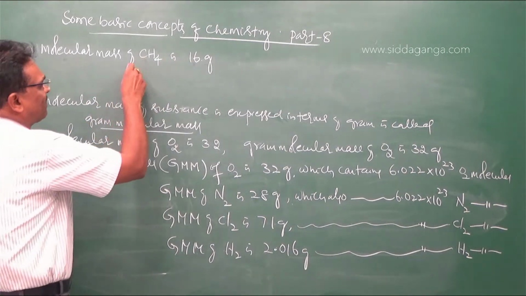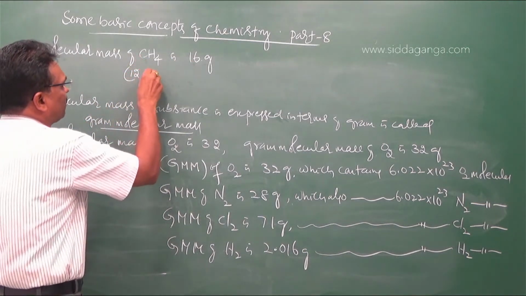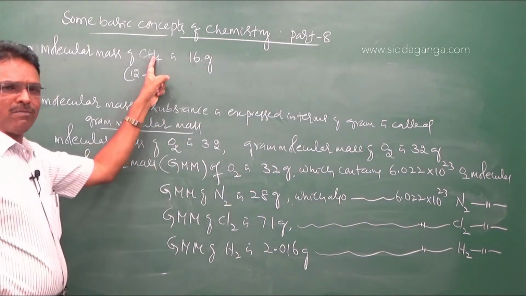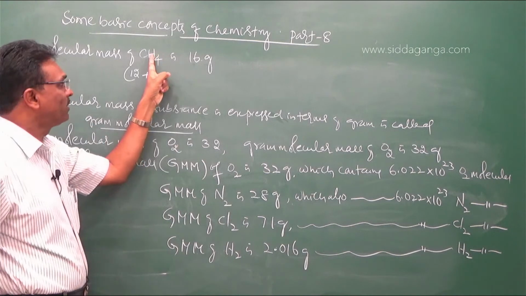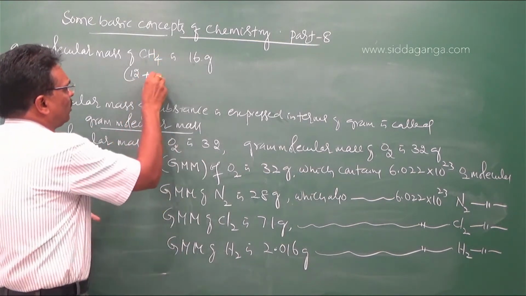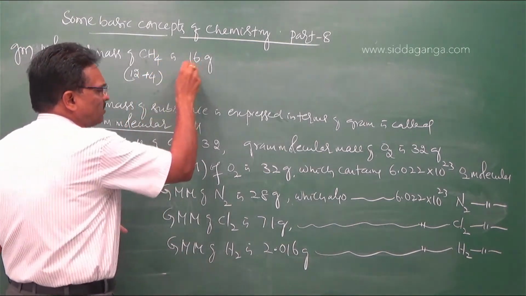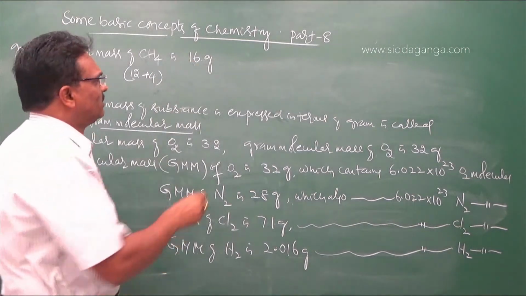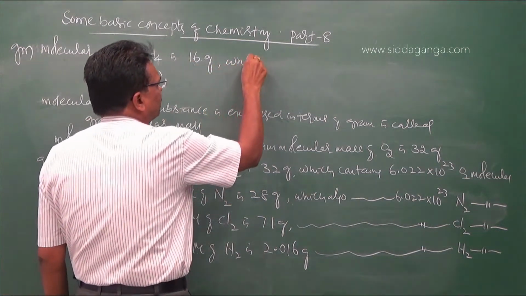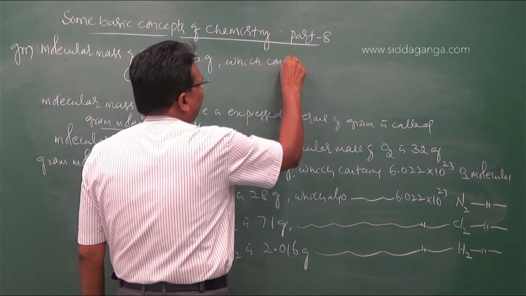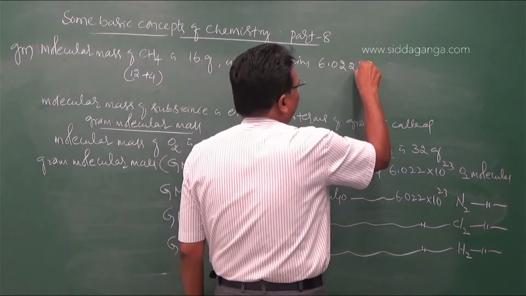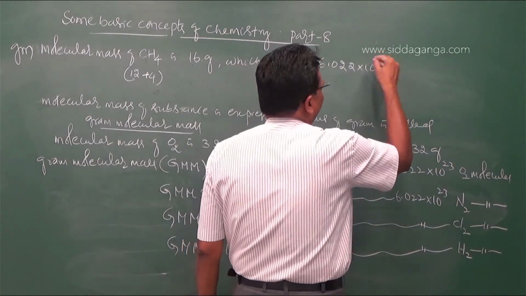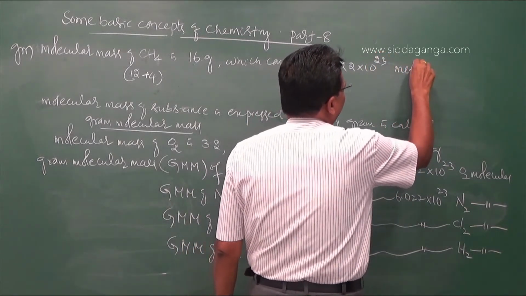Atomic mass of carbon is 12 plus atomic mass of hydrogen is 1.008. 1 ಅಂತ ಅಪ್ರಾಕ್ಸಿಮೇಟ್ ತಗೊಂಡ್ರೆ ಇಲ್ಲಿ 4 atoms ಇದಾವೆ. 12 plus 4 is equal to 16. So which contains 6.022 into 10 to the power of 23 methane molecules.